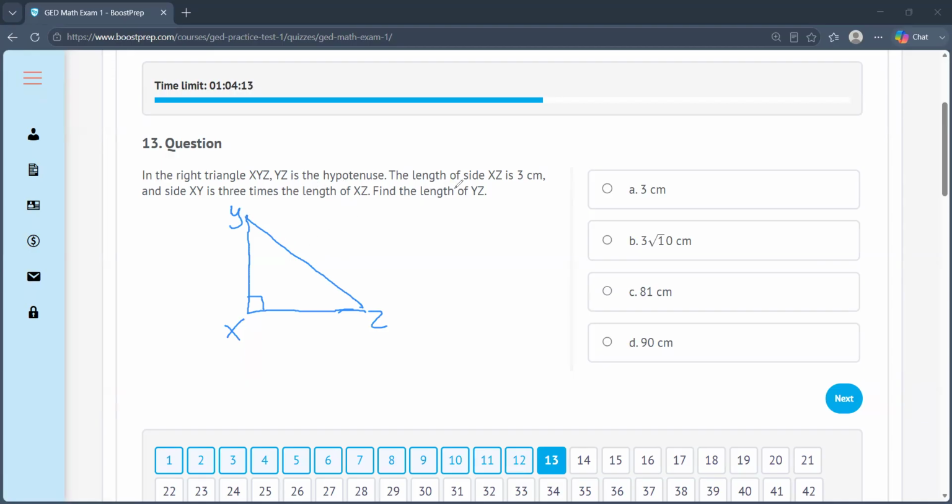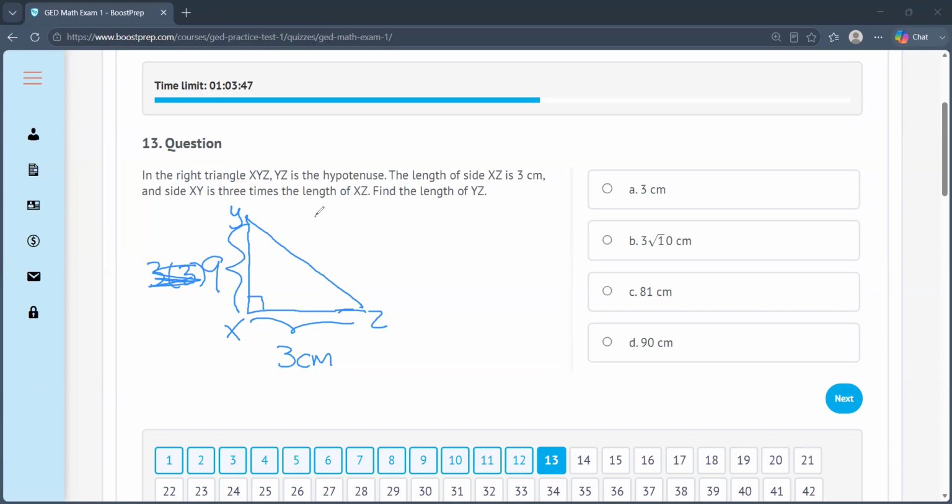They said the length of side XZ right here is 3 centimeters, and the side XY, this side here, is 3 times the length of XZ. So 3 times 3 is 9. So XY is 9.